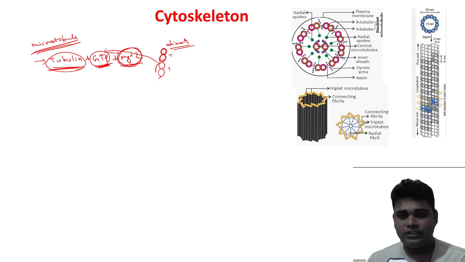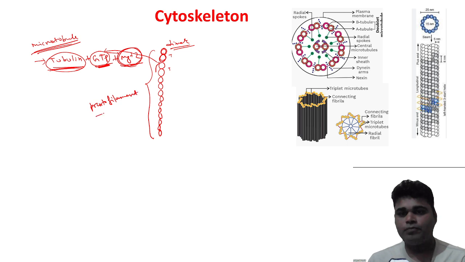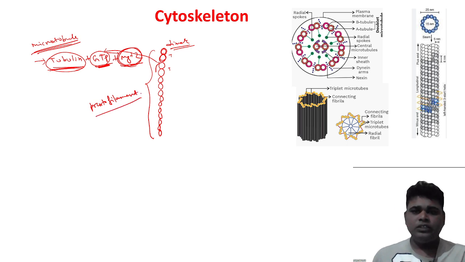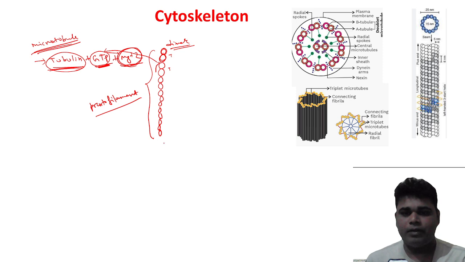Then another tubulin is joined, and another. Like that a strand is formed, and this strand is called a protofilament. Now to this one protofilament another protofilament is joined.